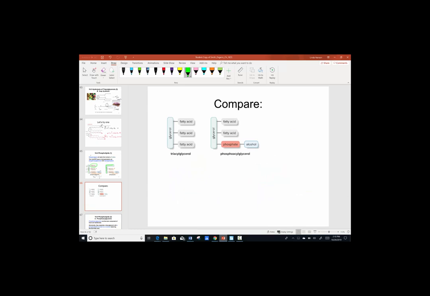So if we compare a triacylglycerol from what we were just drawing to a phosphoacylglycerol molecule, we can see that the difference is in this third attachment where we have a phosphate, a PO4, that's a marker. We have a phosphate, PO4 -3, giving us that structural phosphorus in the central region, and of course leading out to an alcohol.